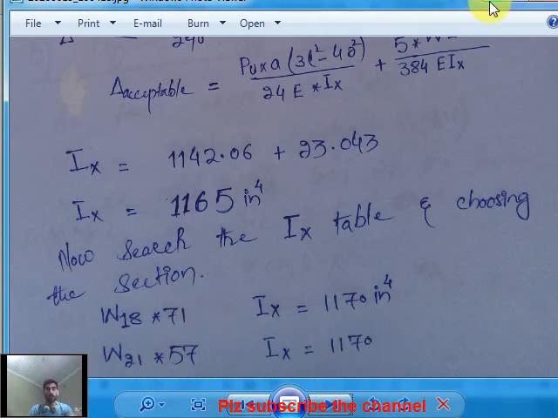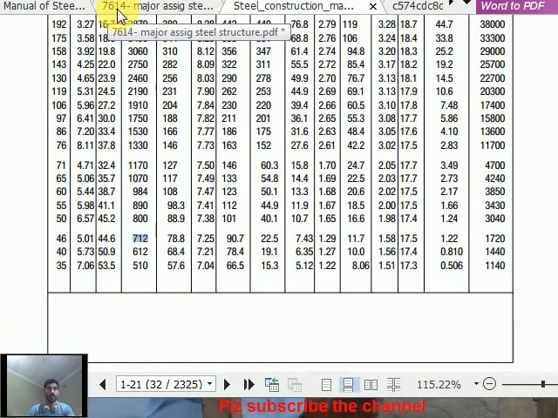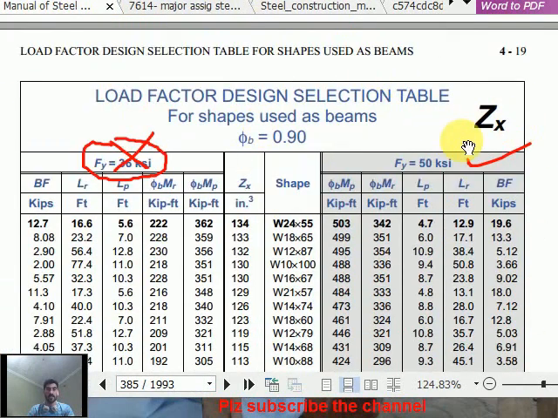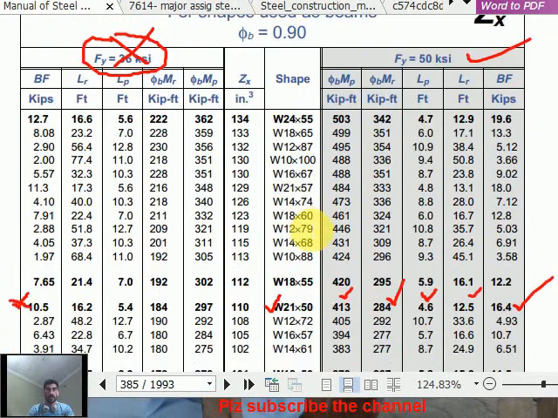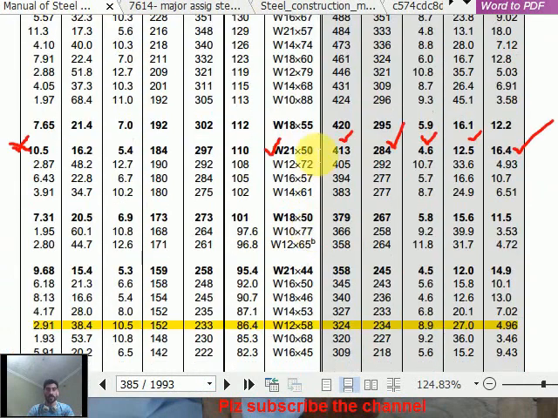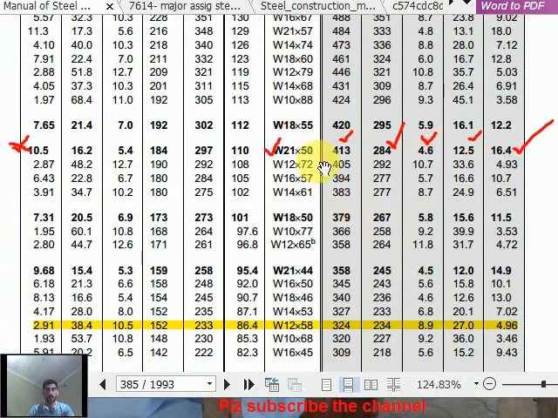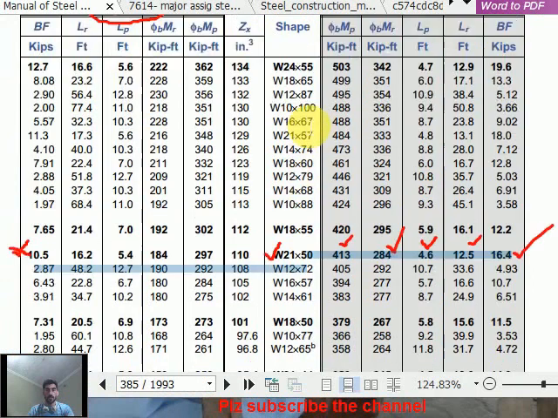Let me show you the ZX table. This is the ZX table, and the section which they select, one is I think W21x57.